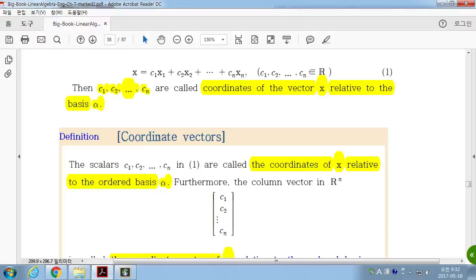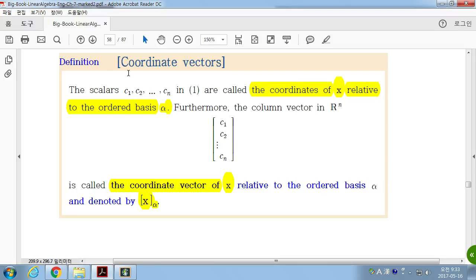Now we have a definition of coordinate vectors.